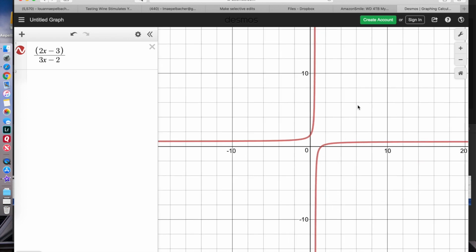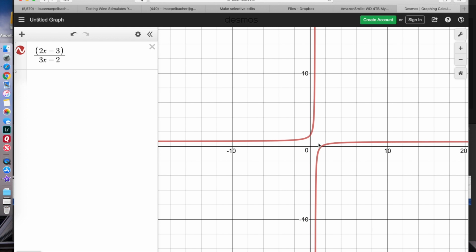So if I look at this graph in terms of what I know about rational functions, this is a vertical asymptote where the denominator equals 0, and the vertical asymptote is positive 2/3.